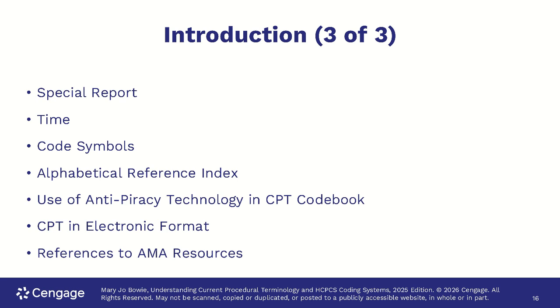So then the next thing is we talk about the special report, which is used when we have an unlisted code, and then the concept of time. And CPT has many definitions of time. And so that little section will give you an introduction to that. Then the CPT manual has symbols, which are located at the bottom of the pages in the CPT manual as well as inside of the inside cover.